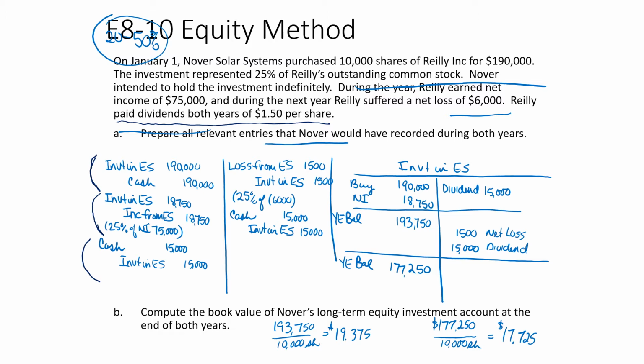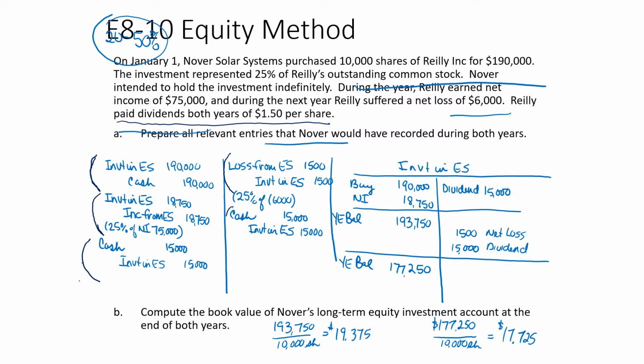In the following year, there was a loss of $6,000. So if I take 25% of that, I'm going to debit loss from equity securities. That shows up on the income statement, and credit investment in equity securities, which is the asset account, and it is reduced because there was a loss.